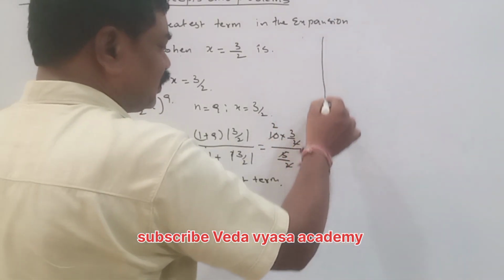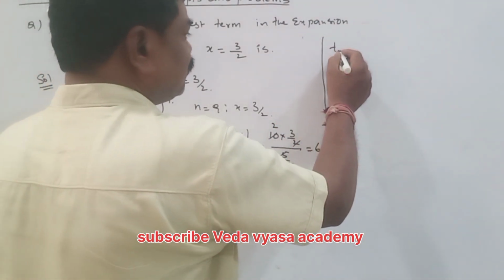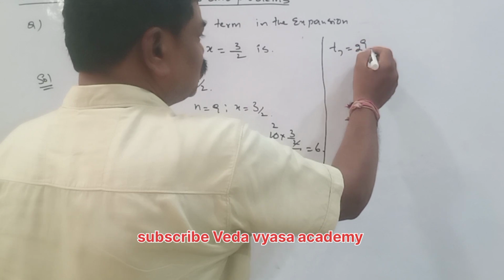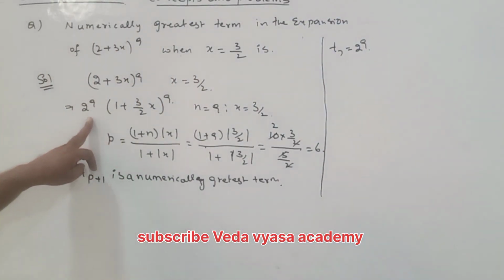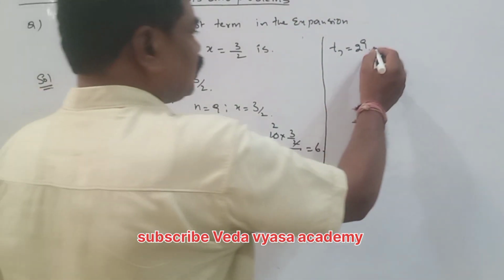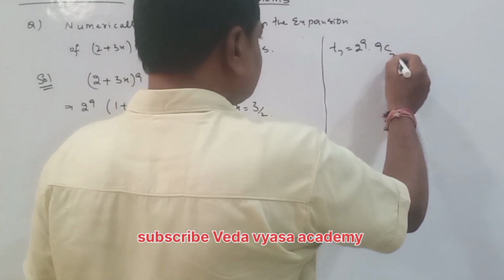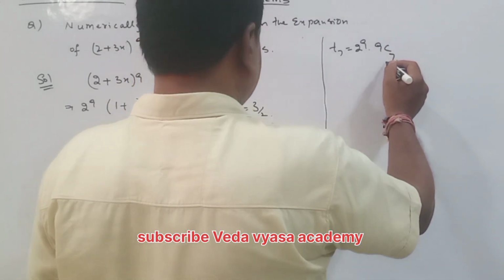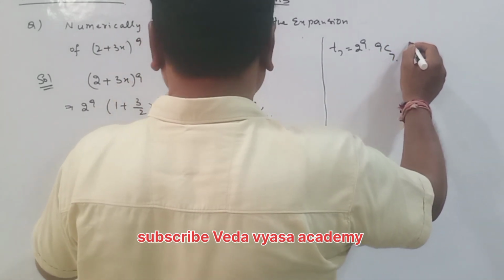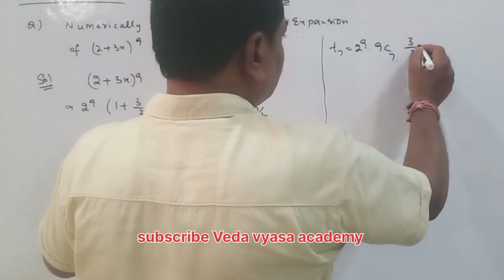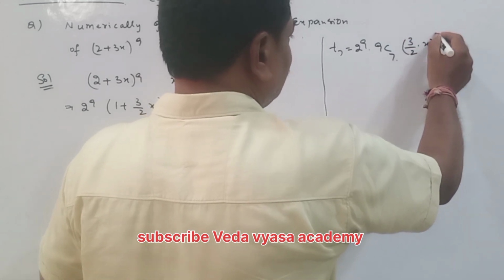That greatest term T7 is equal to 2 power 9 times 9C7 times (3/2 x) whole power 7.